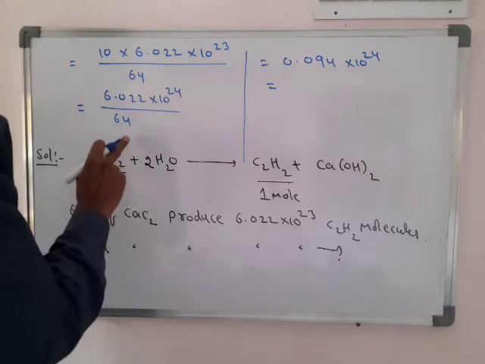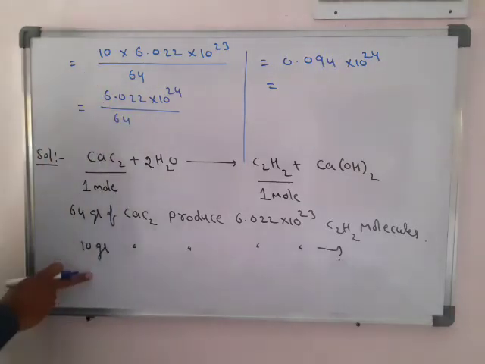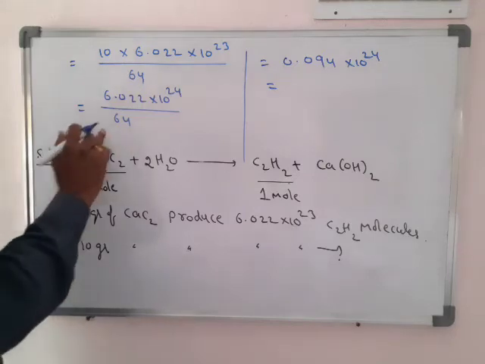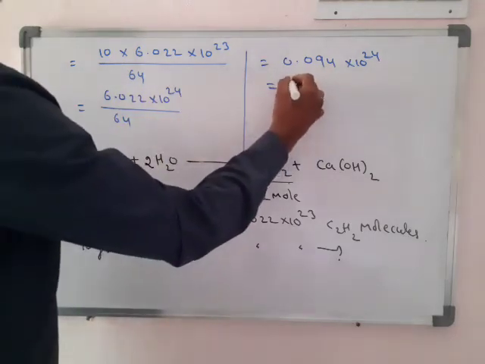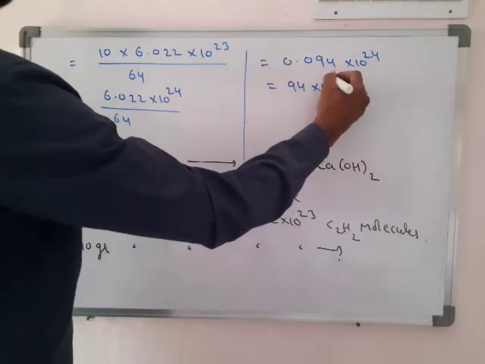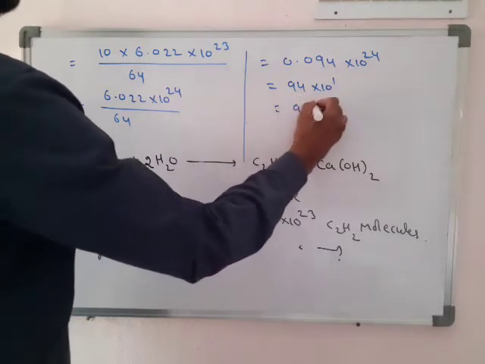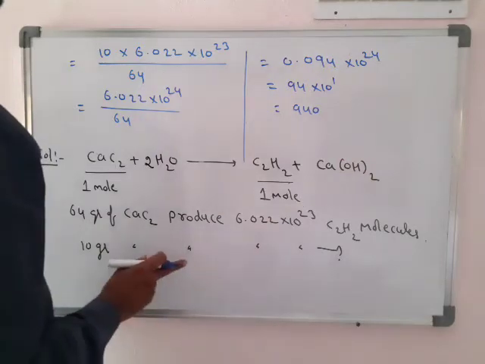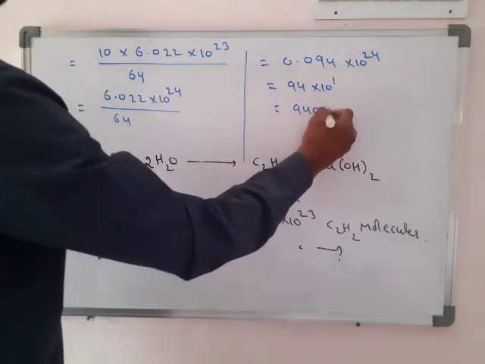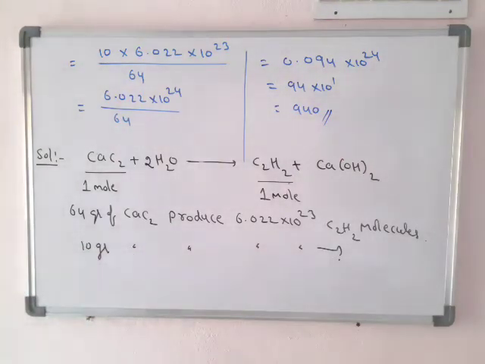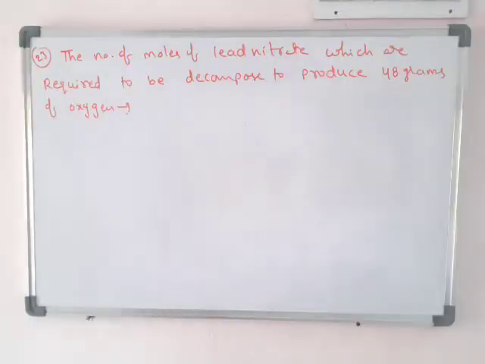So 0.094 into 10 power 24 by 64. So here we get 94 into 10 power 1, that is equal to 940. So how many molecules are formed? 940 molecules are formed. See the next one.